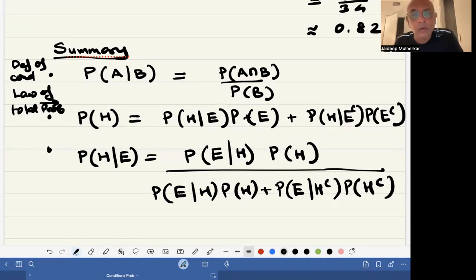All right, so this is our summary of conditional probability and Bayes' theorem. In particular, Bayes' theorem is a very useful theorem for building hypotheses from evidence, and so on.